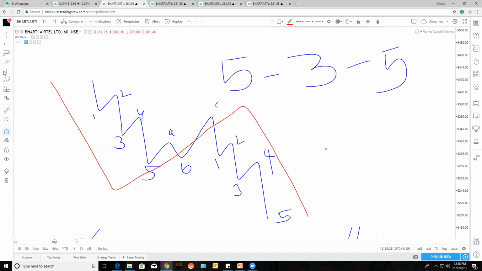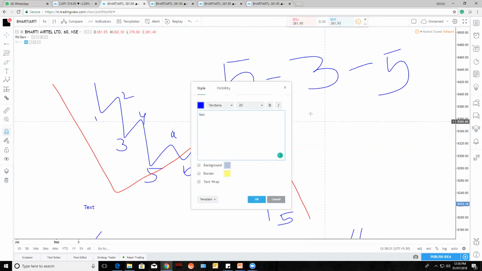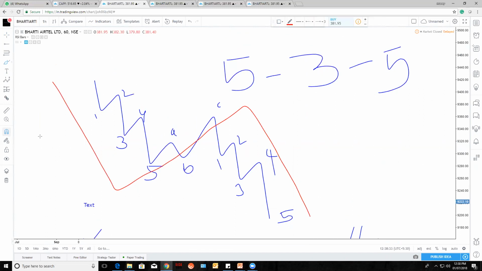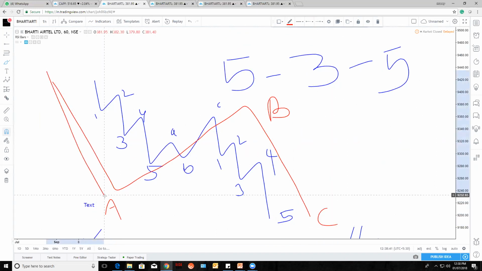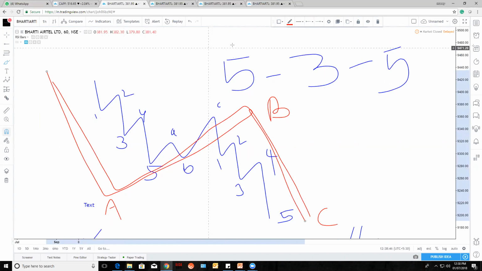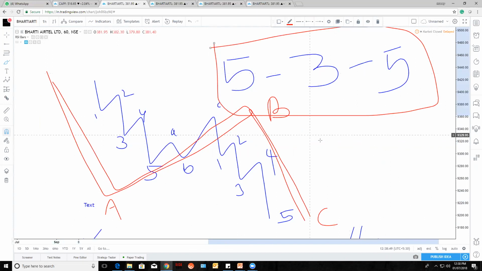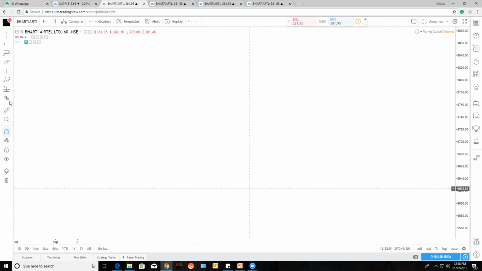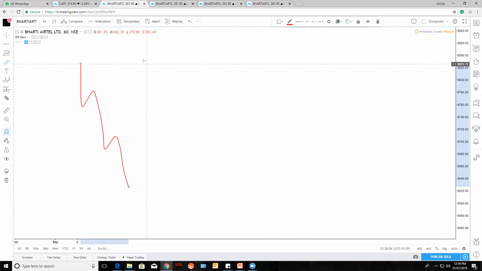This is A, this is B, this is C. It will be called a zigzag correction. So what is the rule here? It should be a 5-3-5 structure. The 5 waves, that is wave A, may be an impulsive wave like this, or else a leading diagonal.